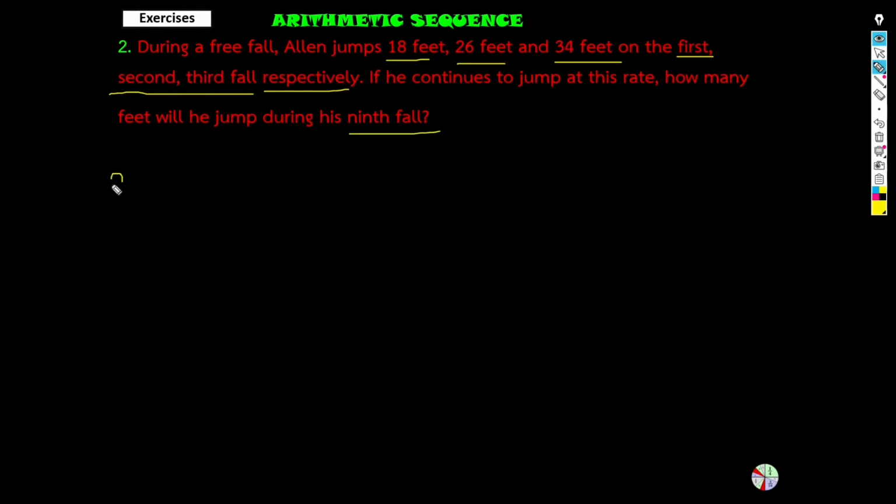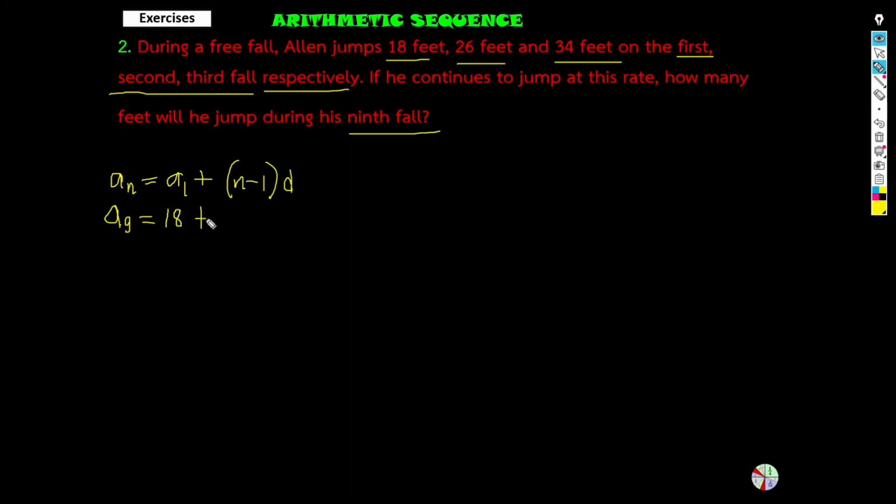Therefore, we use the formula a sub n equals a sub 1 plus the quantity n minus 1 times d. For this problem, we need to find the 9th fall, therefore we need to find a sub 9, right? And a sub 1, of course, is 18 feet.